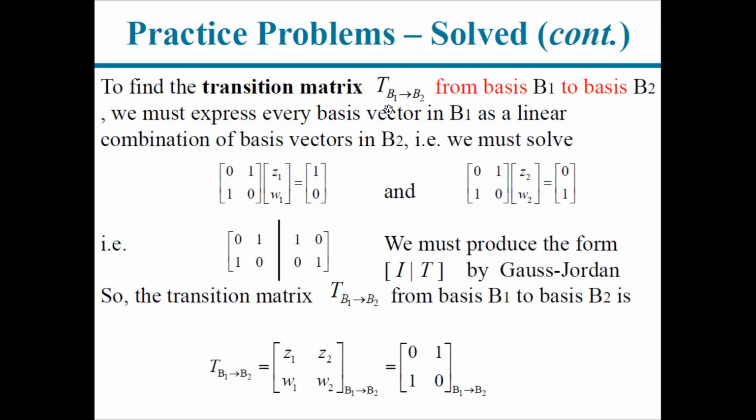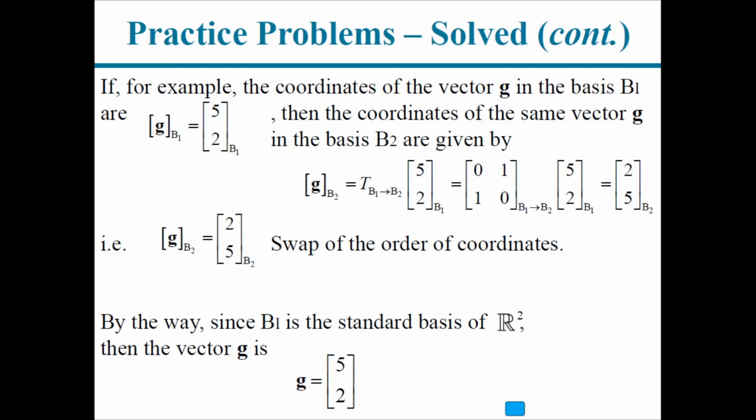And the transition matrix from B1 to B2, similarly B2 slash B1, you need to solve. Here you just swap the 2 rows, it's very simple, and then you get your transition matrix. Now if I'm given the coordinates of a vector G in basis B1, 5 and 2, what are the coordinates of the same vector G in basis B2?